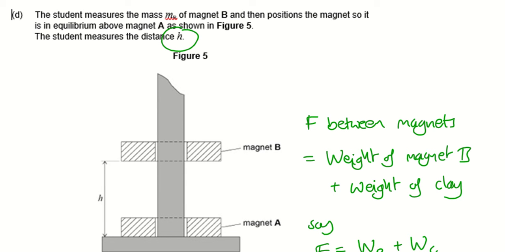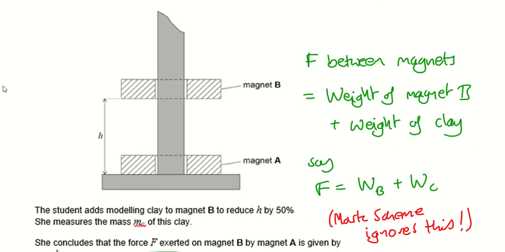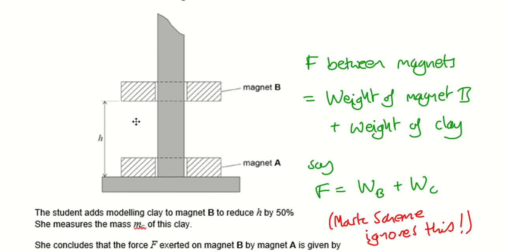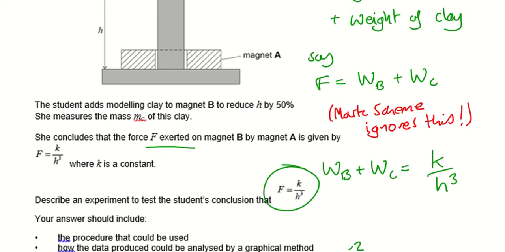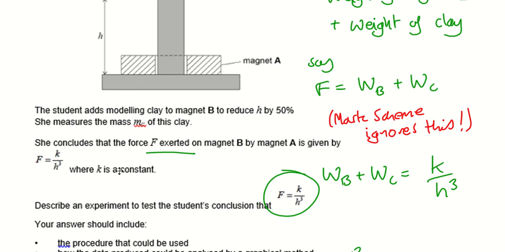They've said, right, they've got the thing balancing and it's at height h, and then work out the force between the magnets, and work out what the constant k will be.